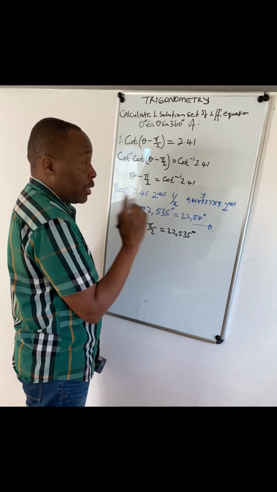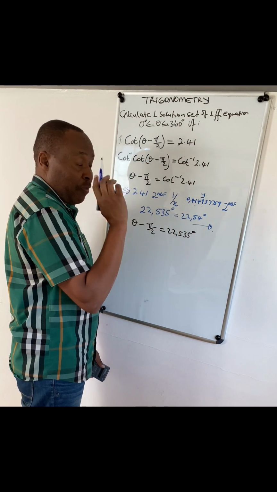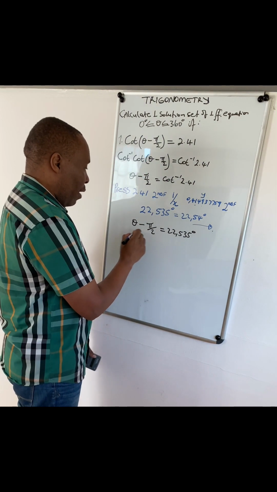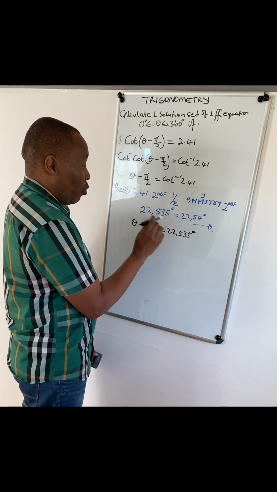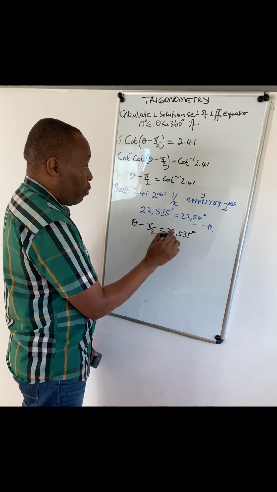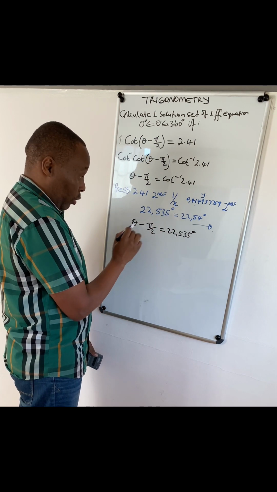Cot is positive because we are given a positive number here. So cot is positive in the first and third quadrants. This doesn't necessarily mean this is the first quadrant. Yes, it worked out to give me 22.535, but I still have this side to deal with.